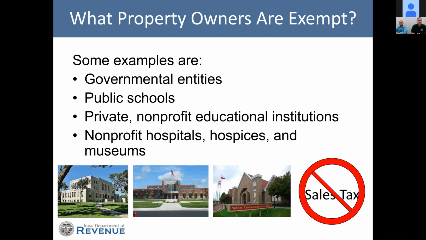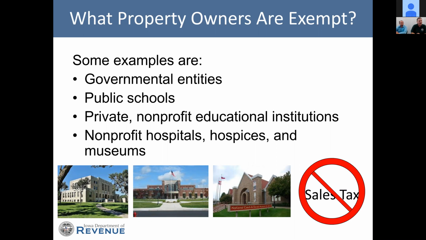Your private nonprofit educational institutions, obviously your non-public schools, we would exempt these as well, because part of the purchases for educational purposes include keeping up the grounds and the facilities, so they would not be taxable either.